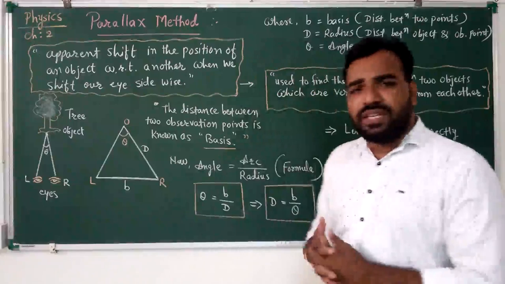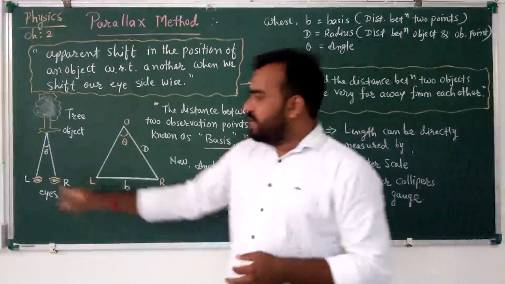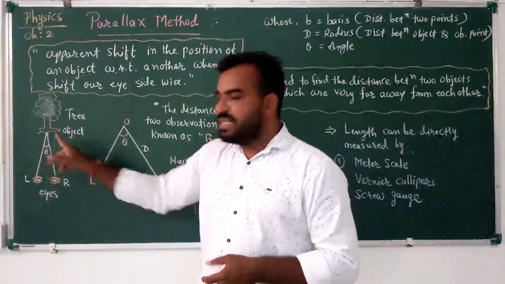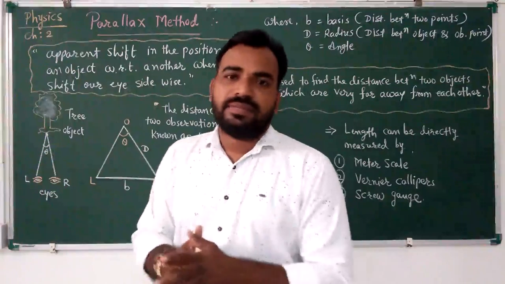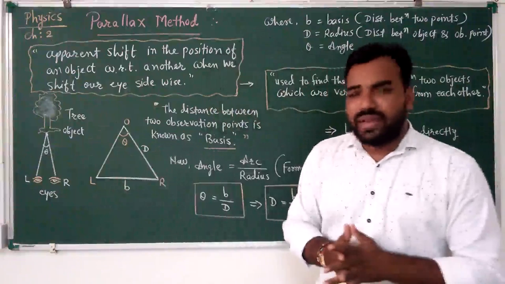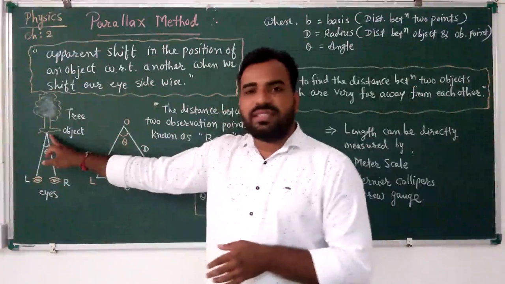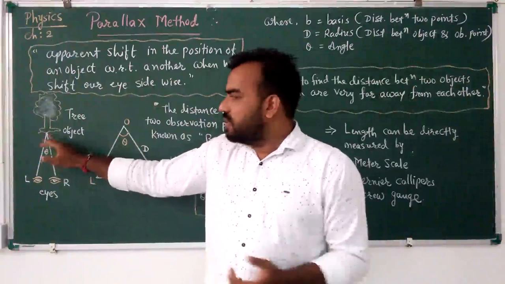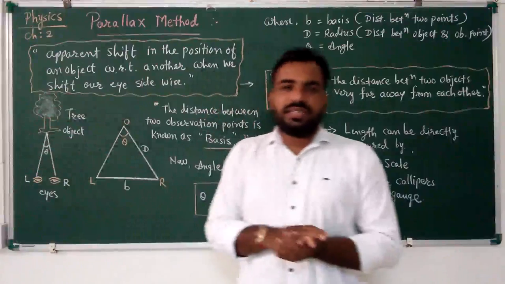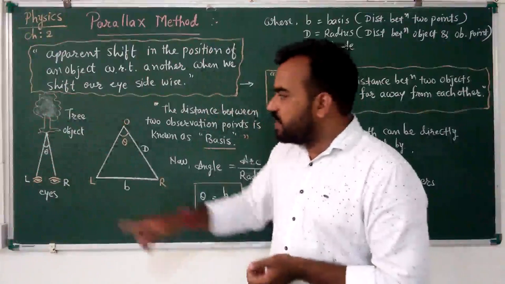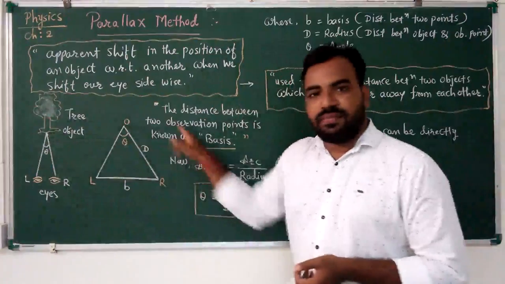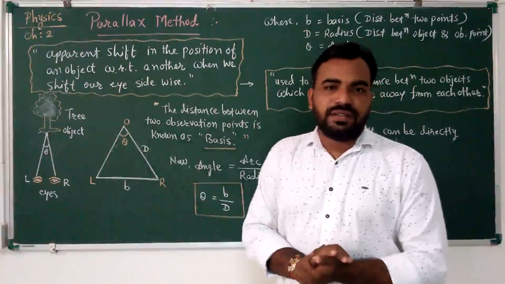Okay. Now dear students, here what we have at this point, these two lines are crossing and they are making some angle. If we consider this point as a center point and we draw a circle of this much radius, we get this figure.